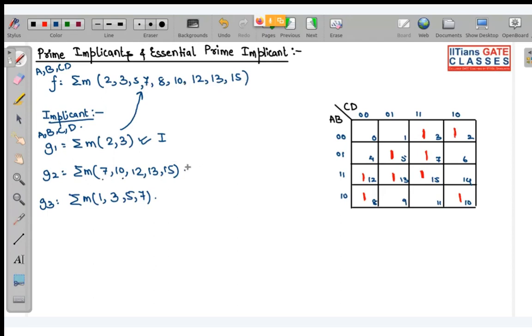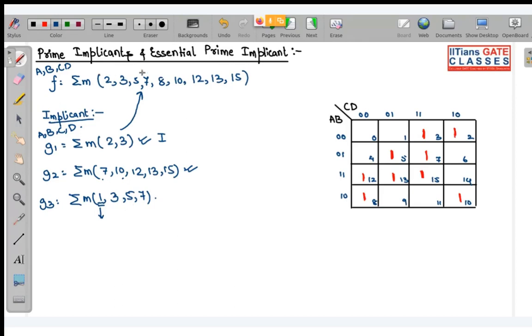Again you can see this is a subgroup or an implicant of f. Now check g3. This one is not present in this function, so this is not an implicant of this function.